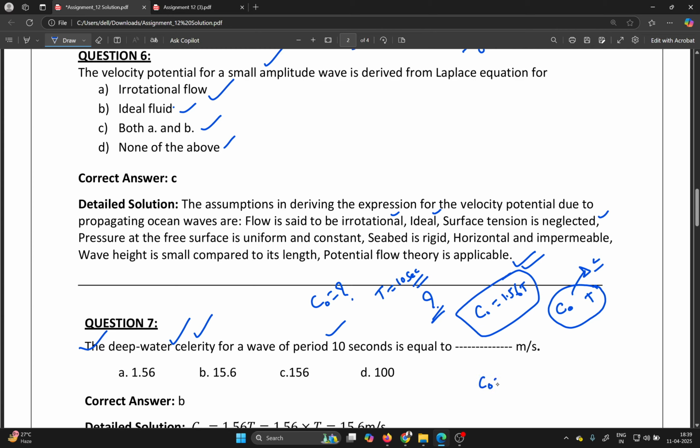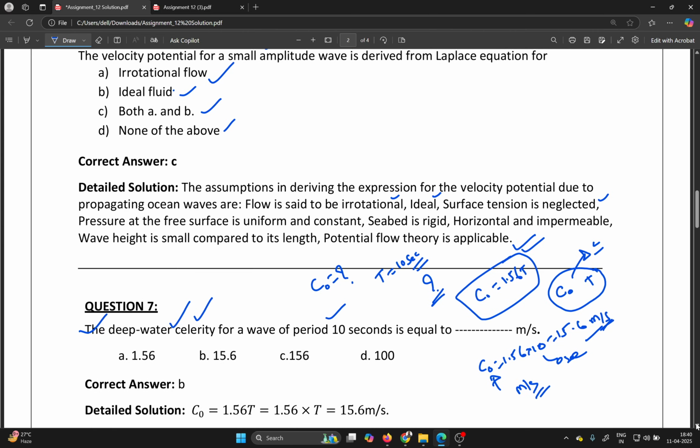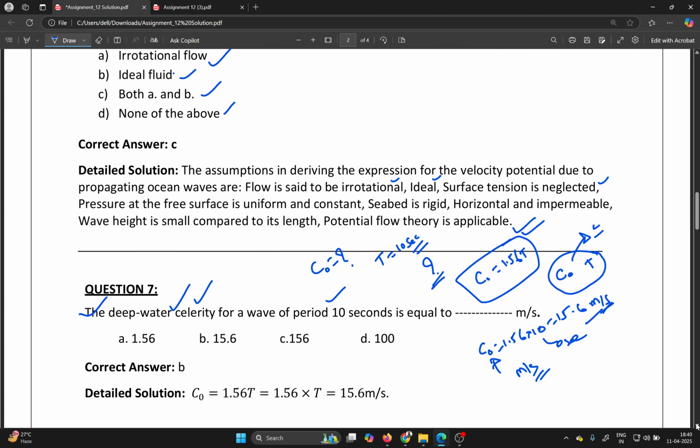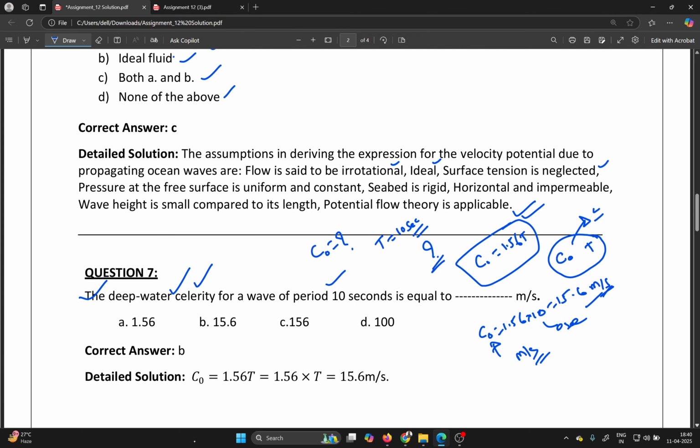The value will be 1.56 into 10, that is 15.6 meter per second. So your T value in second and celerity you will get in meter per second. Okay. So yes, definitely your B option will be correct.